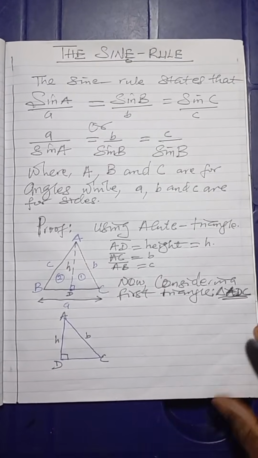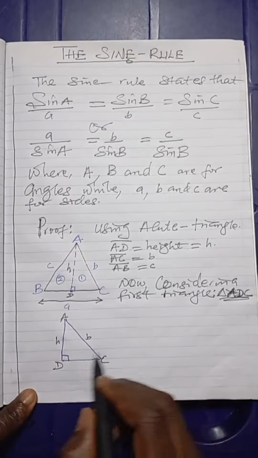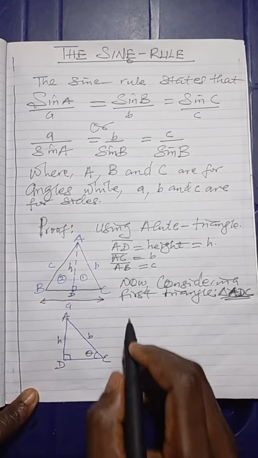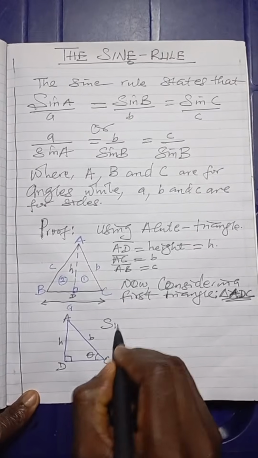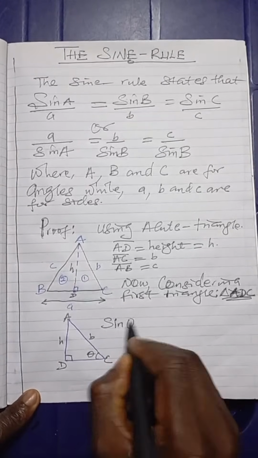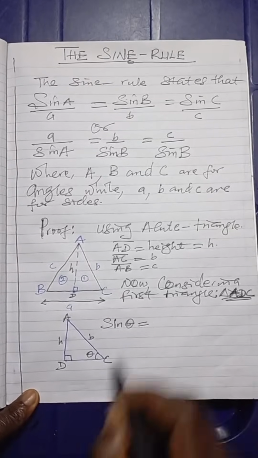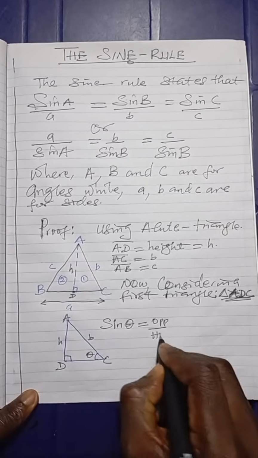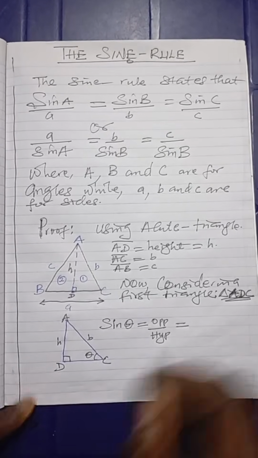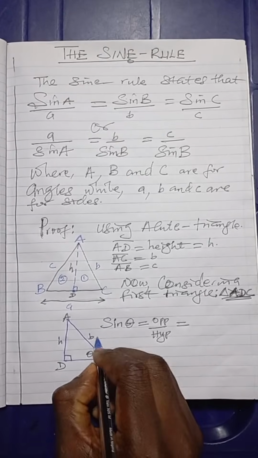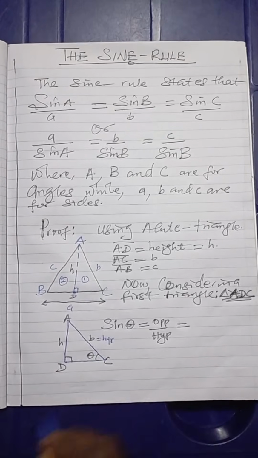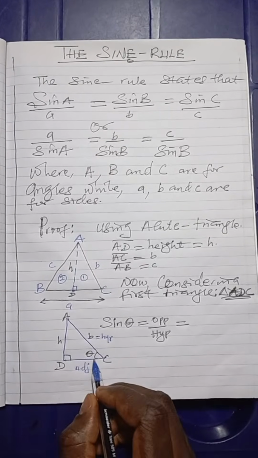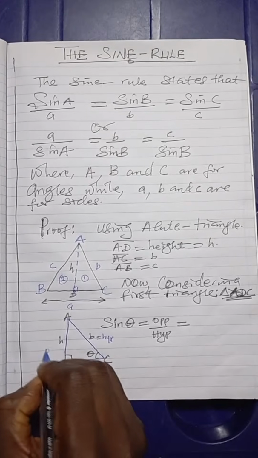Let's call here theta. So we can now have sine theta is equal to, you remember, sine theta is opposite over hypotenuse. Now in this diagram, this is our hypotenuse. This is adjacent, and this side facing the angle, we can call the opposite.